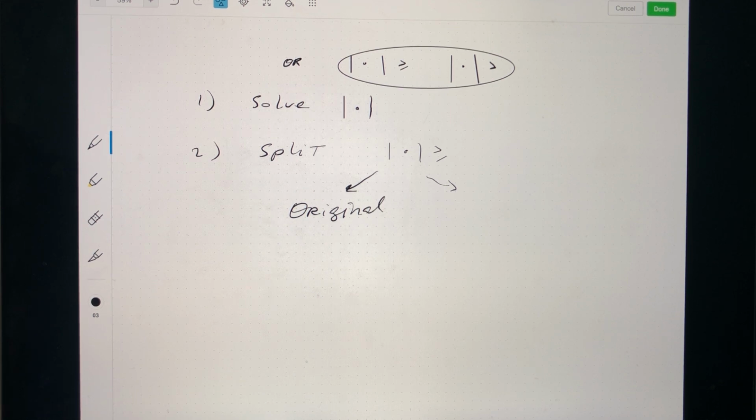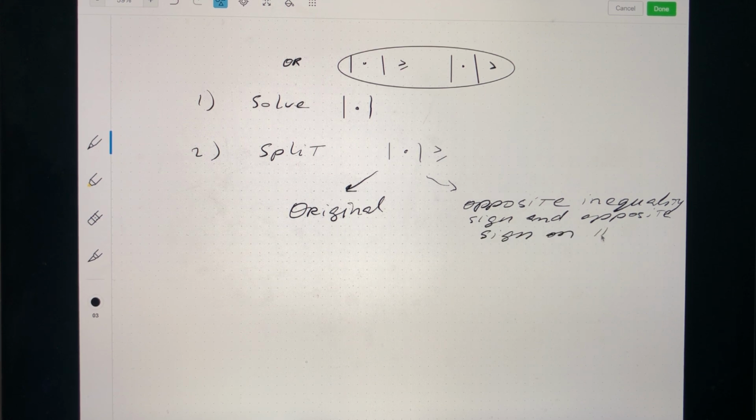And the other one has the opposite inequality sign and the opposite sign on the number.